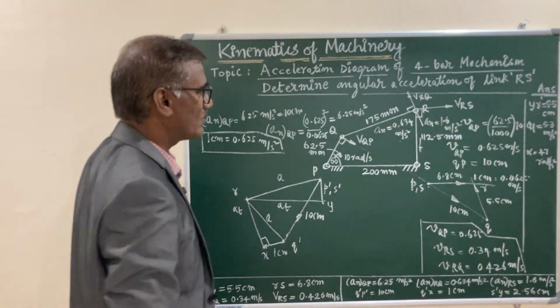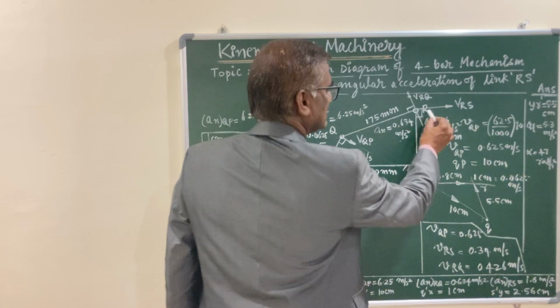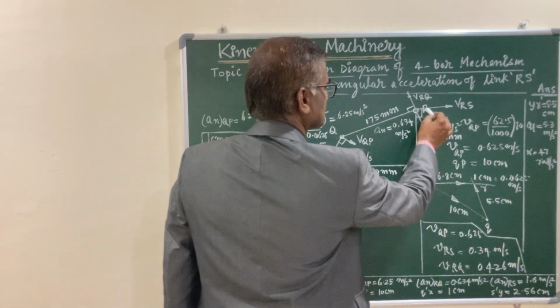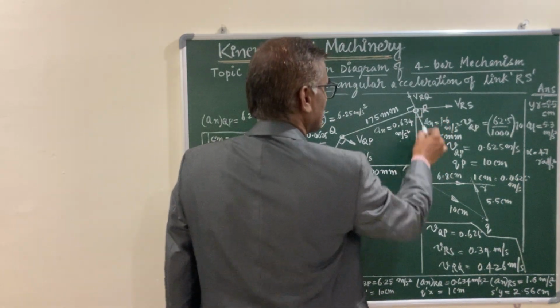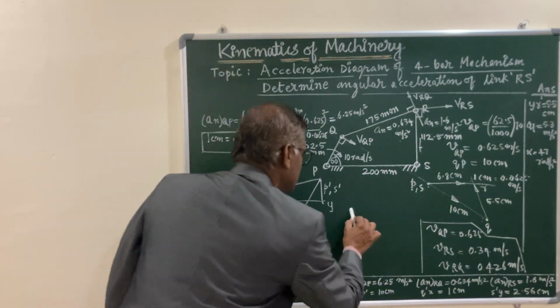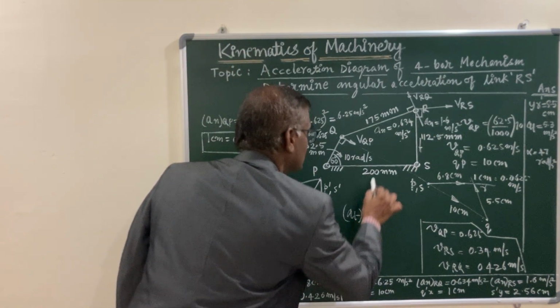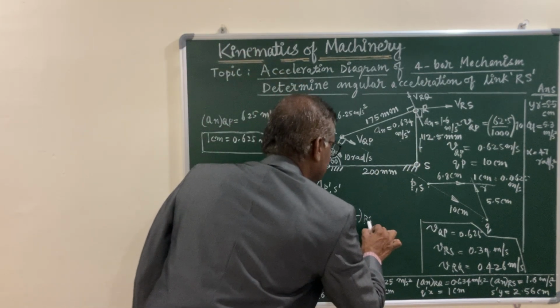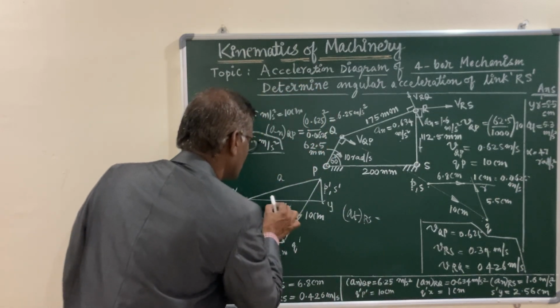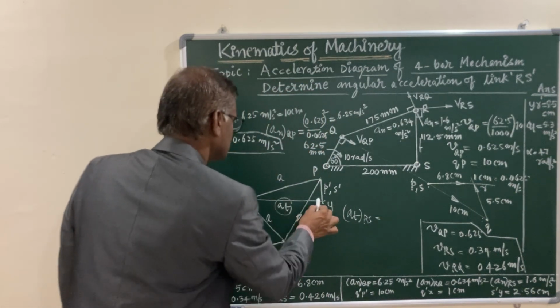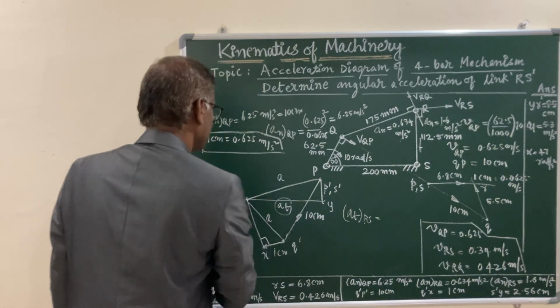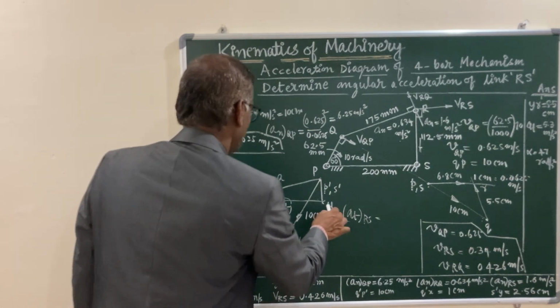Here, what is required? You want to calculate alpha, that is the angular acceleration of RS. To calculate it, you need the tangential component of acceleration of RS. So this is your RS. Measure this length, that is r prime y, you can call it yr prime.